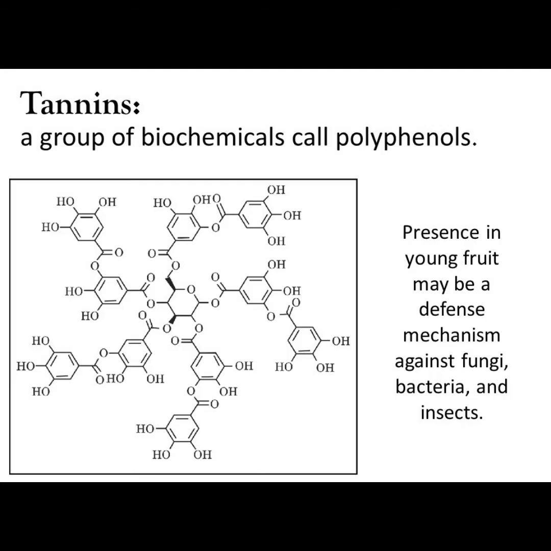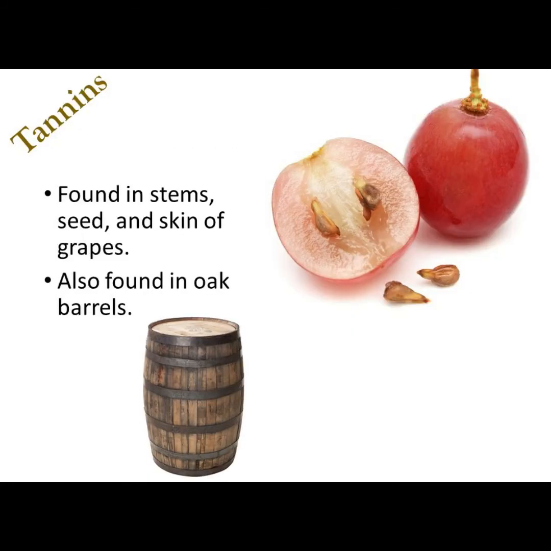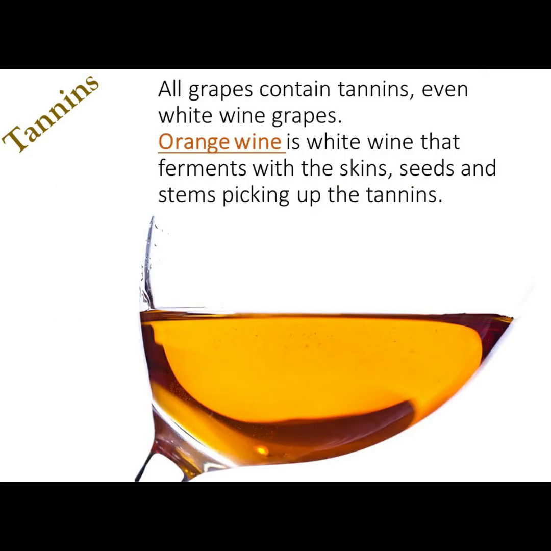So the fourth characteristic is tannins, and tannins are very large, complex molecules that probably have some defense mechanism. They are found in the stems, seeds, and skins of grapes. Actually, all wines have tannins in them, particularly the ones that are aged in oak.